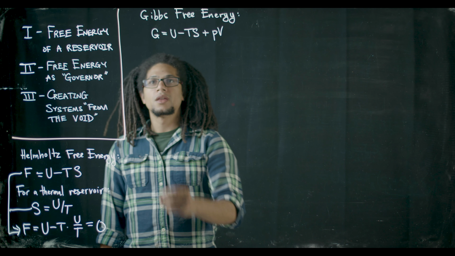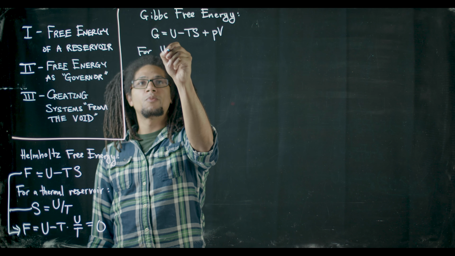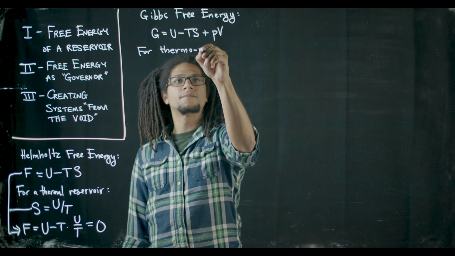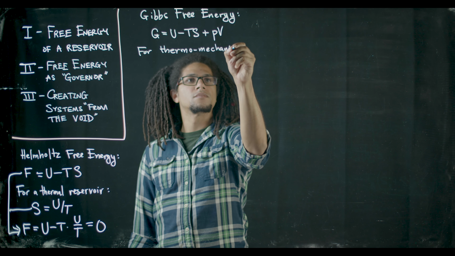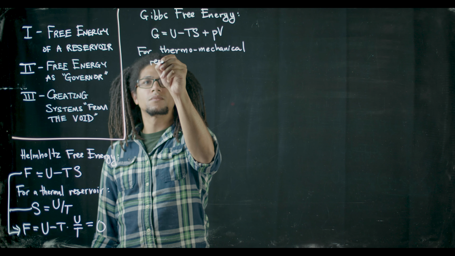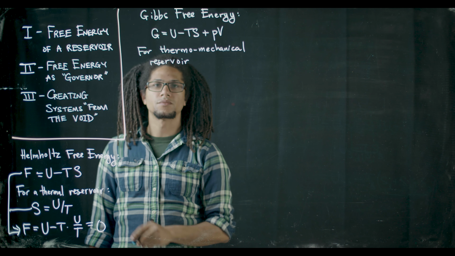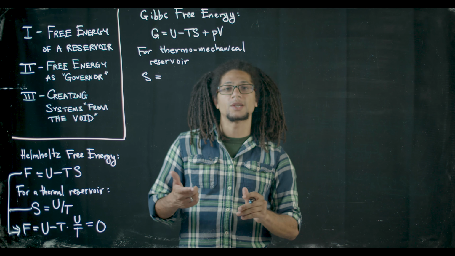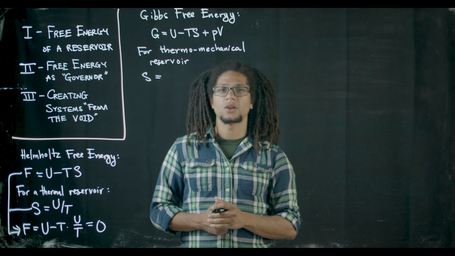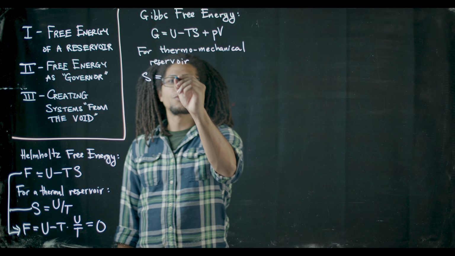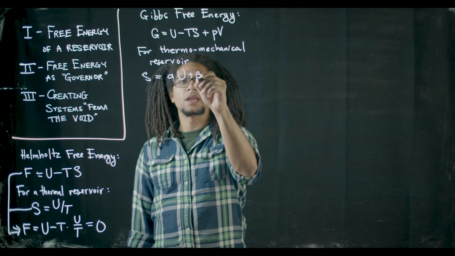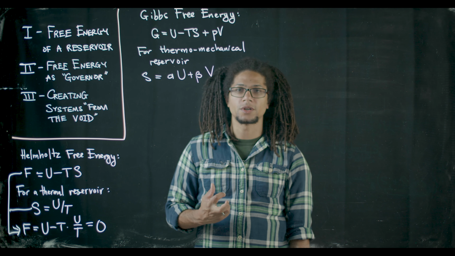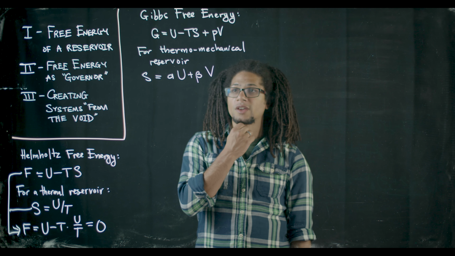Excellent. Now, I said that this works for a thermomechanical reservoir, in other words, one that is both a thermal and mechanical reservoir. Which implies that the entropy is proportional to U, or I should say linear in U, and also linear in V. So for the time being, let's say S equals alpha U plus beta V. But now, since we've written things in internal energy work coordinates, we have a pretty easy time figuring this out.